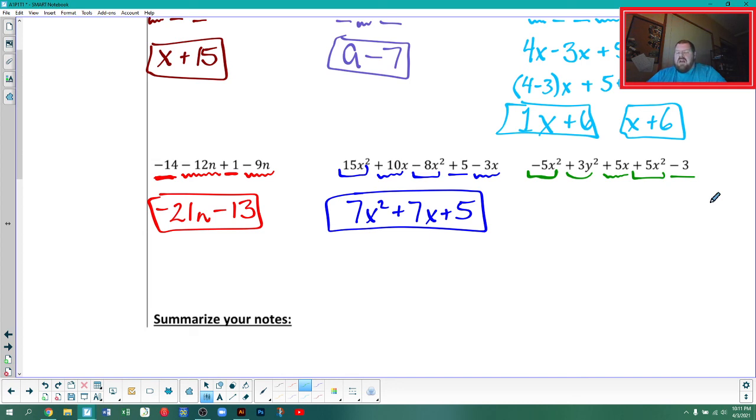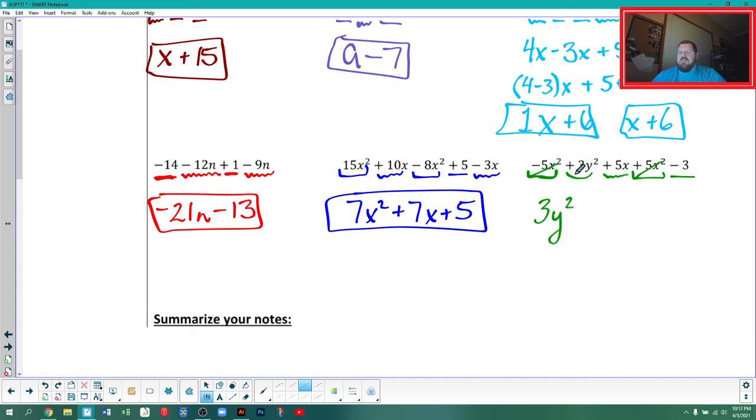Now I'm just looking at my common symbols rather than trying to look through there, and that way I could also kind of cross things off as I go if I wanted to, and then I would know that I've dealt with those. First, my x squareds, I've got a negative 5 and a positive 5. Well, negative 5 plus 5 is 0, so those actually just cancel out. Okay. My y squareds, I have 3 of those, and that's all I have.